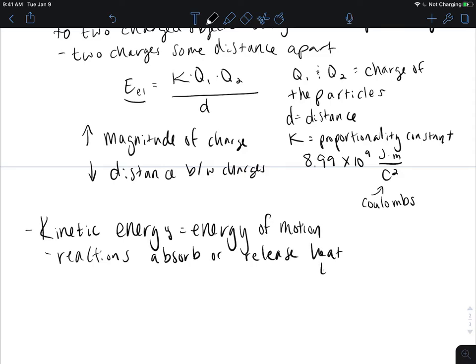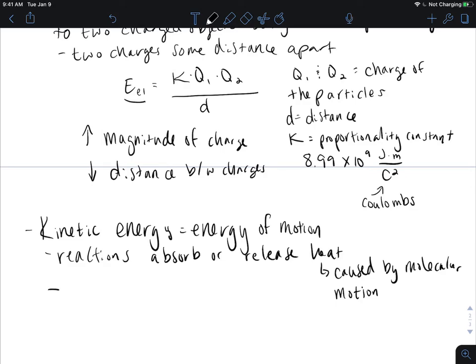And heat is caused by molecular motion. So we could usually think about kinetic energy when we're thinking about those reactions themselves.